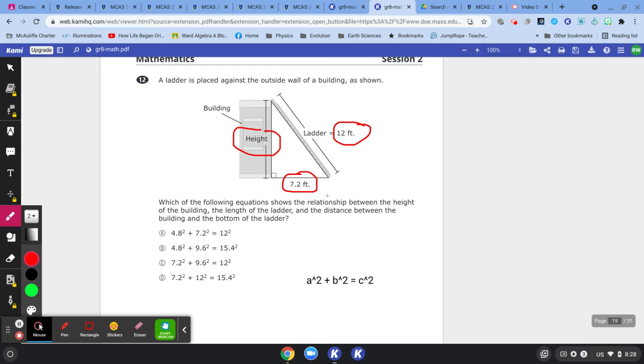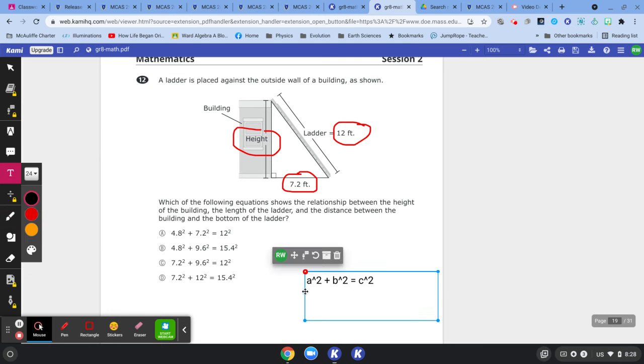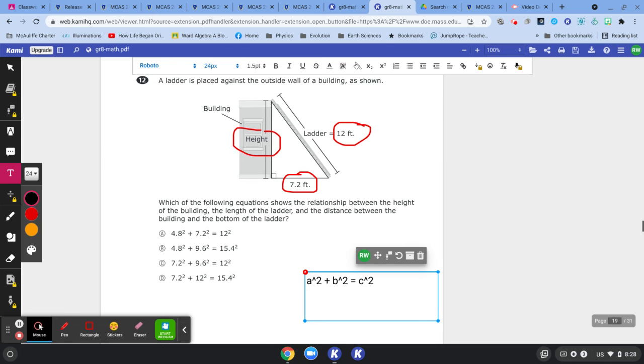It doesn't matter which one of these, the height or 7.2, gets called a or b. c has to be 12. So we're going to work things through with the Pythagorean theorem. I'm going to replace a with 7.2 squared, plus b squared, which will equal 12 squared.